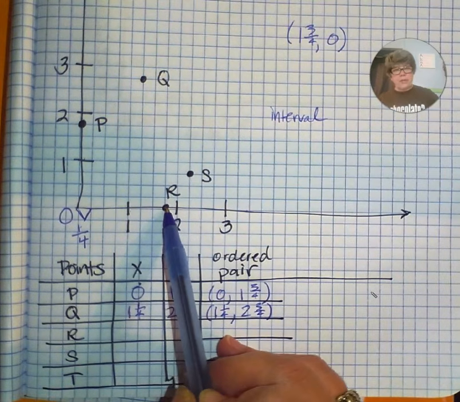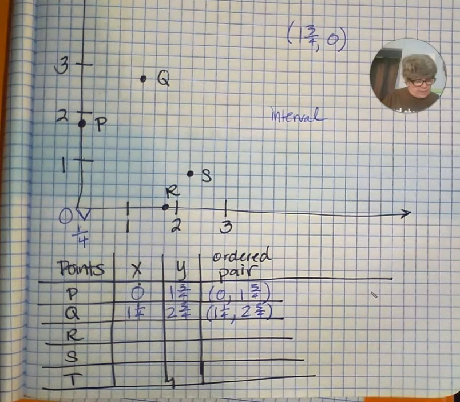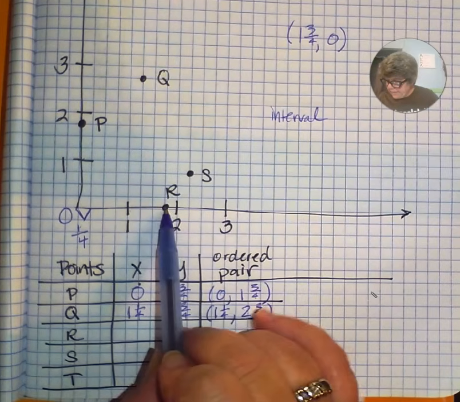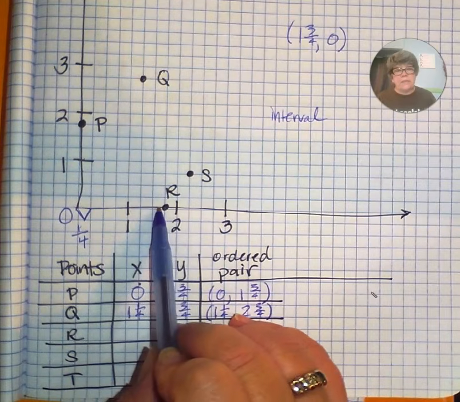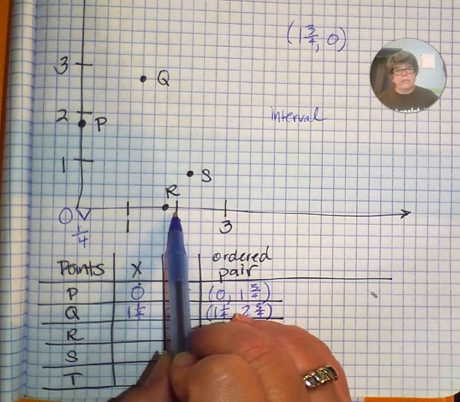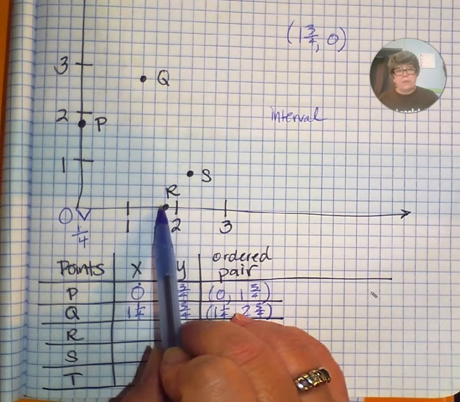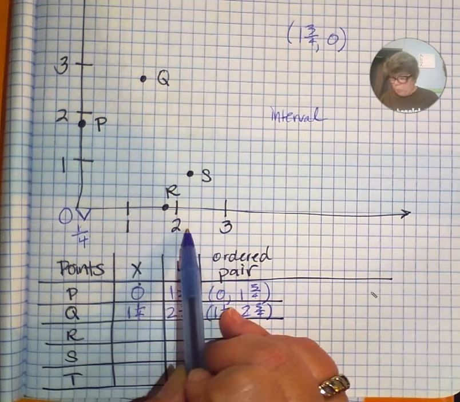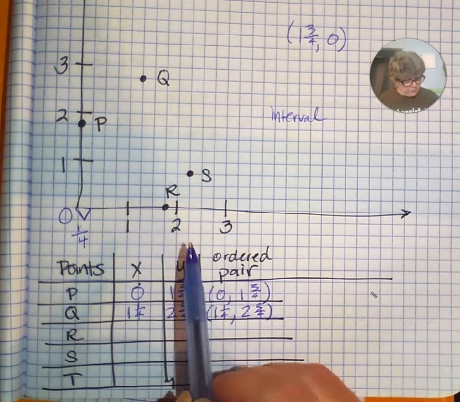So that's going to be R right there at 1 3/4. Do we know that for sure, or is that an estimate? You're right, it is for sure, because it's not in between lines somewhere. It is on a grid line, and we know for sure that it is 3/4 parts past 1. So it's 1 3/4. Very good.